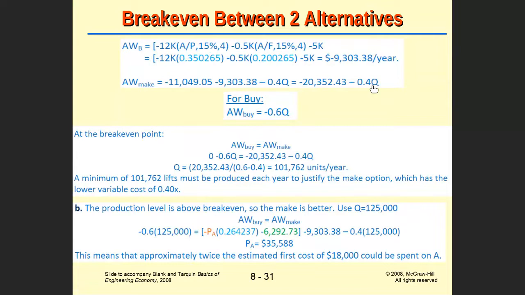Now we have in the break even, we have to equate the total cost for the two options and see how much Q is equal to.